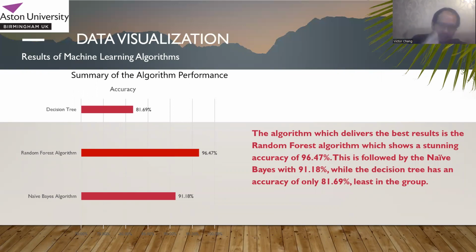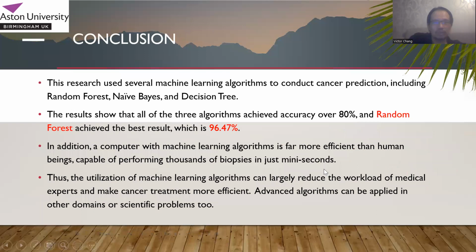Then the algorithm which delivers the best result among these three is of course random forest, which shows 96.47%.